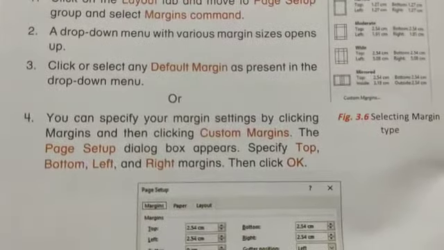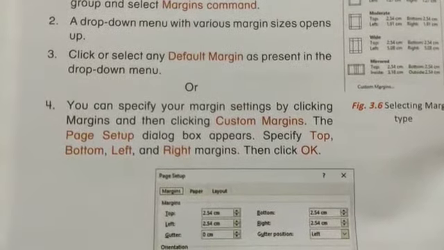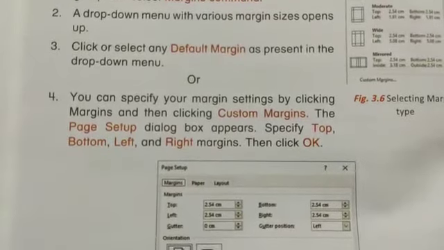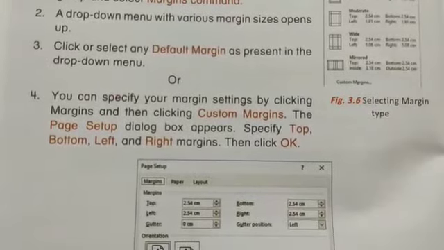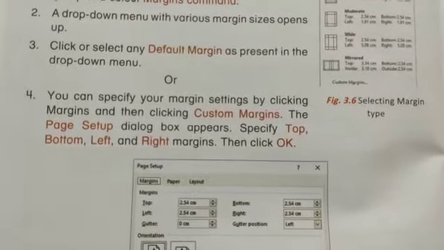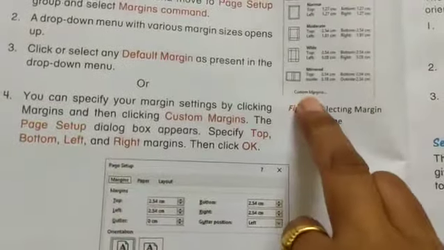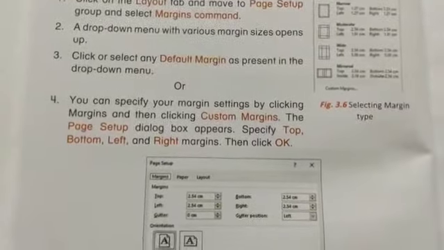You can specify your own margin setting by clicking margins and then clicking custom margin. You specify what you want and then click on custom margin. It is here, custom margin. The page setup dialog box appears.